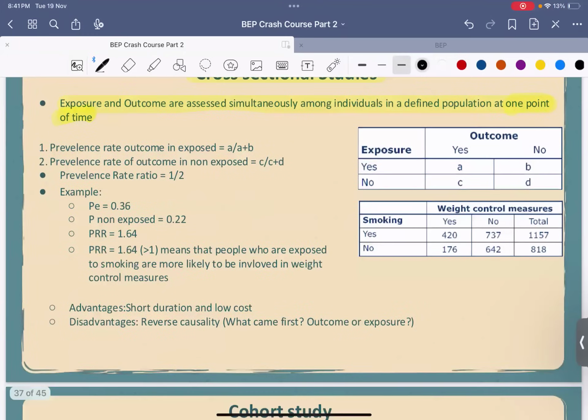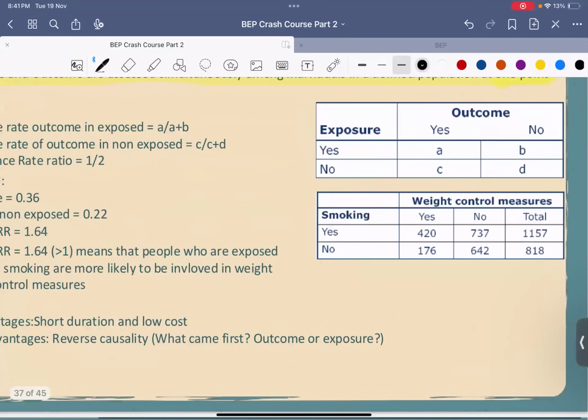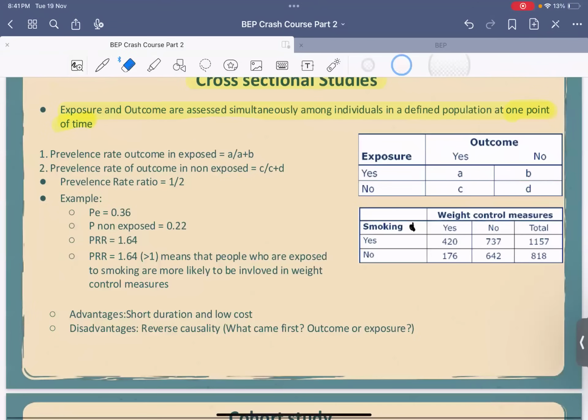So let's take an example. The relationship between smoking, which is the exposure, and weight control measures, or people who go to control their weight, whether exercise, gym, surgeries, whatever. What is the relationship between these two variables? People who smoke and did the weight control measures are 420.